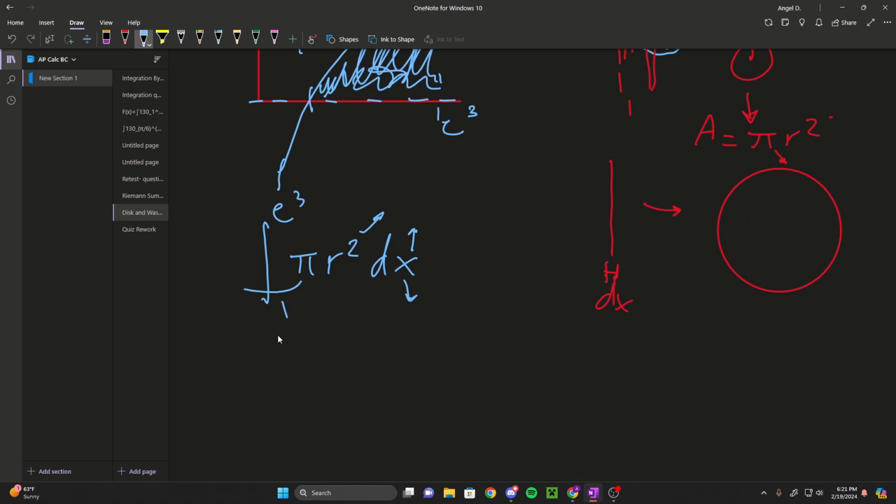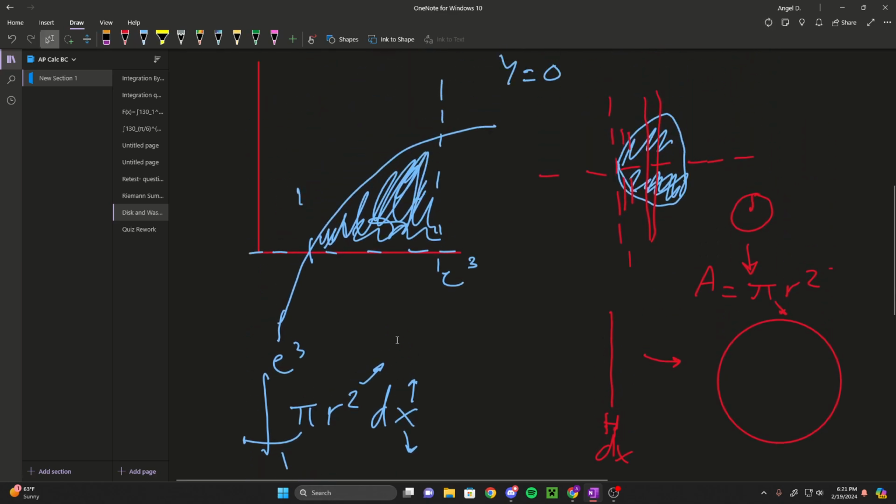Well, first let's take out the pi, because pi is a constant, and that can be done on all. And then we're left with r squared dx. Now, we established that that's a radius, right?